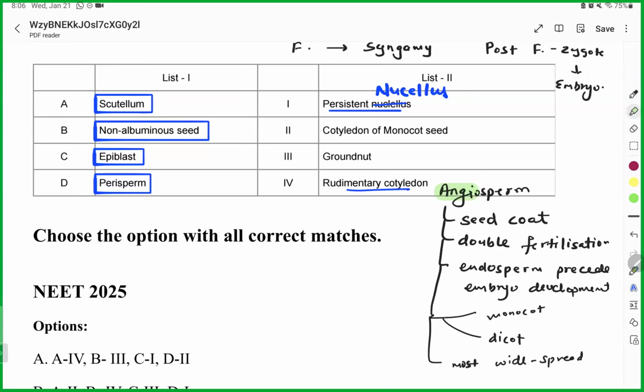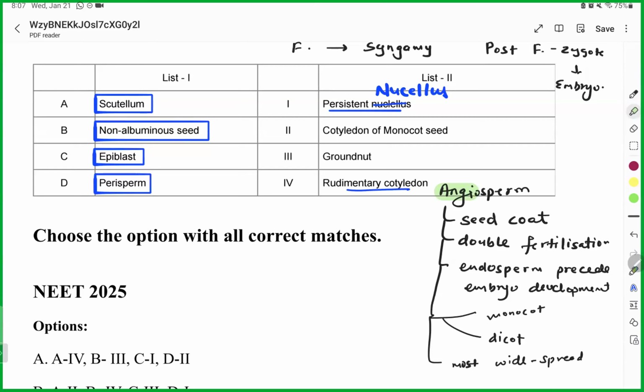Anvita, what is the meaning of angio? I'm not sure, sir. I don't remember.